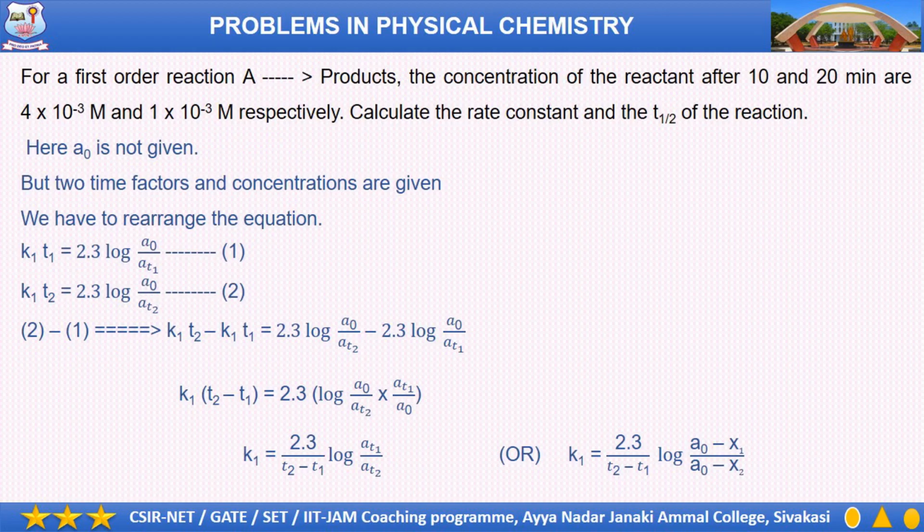For a first order reaction, A giving products, the concentration of the reactants after 10 and 20 minutes are 4 into 10 power minus 3 molar and 10 into 10 power minus 3 molar, respectively.